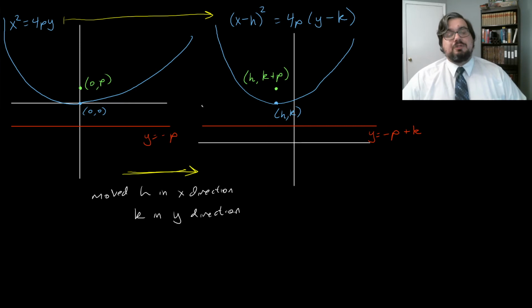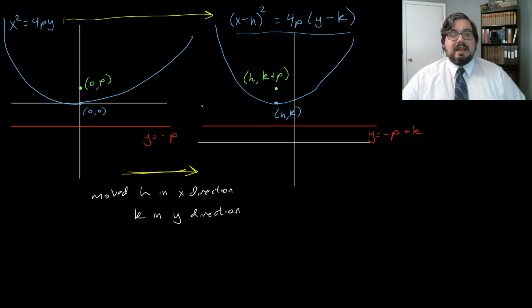We can check to make sure that we've done this correctly, because if we plug h and k into the new blue equation here, we get a true equation. We get 0 equals 0 out of it. So that's a check that we've done things correctly.